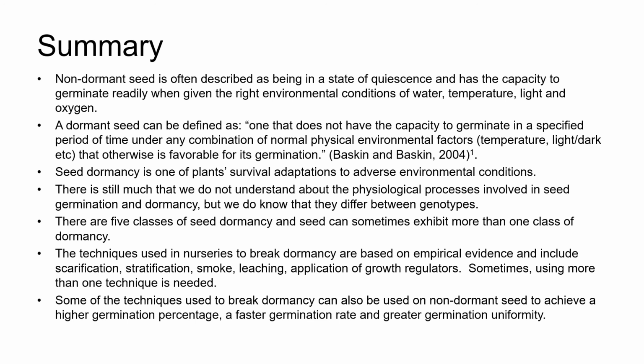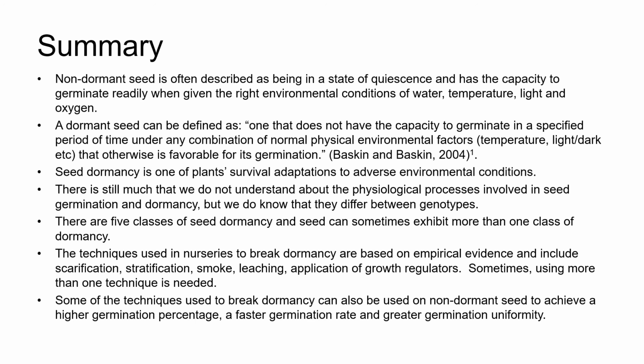Seed dormancy is one of plants' many survival adaptations to adverse environmental conditions. There's still a lot that we don't understand about the physiological processes involved in seed germination and dormancy, but we do know that they differ between genotypes, and we know that there are 5 classes of seed dormancy, and that seed can sometimes exhibit more than one class of dormancy.